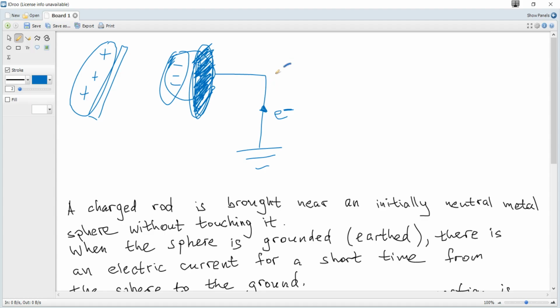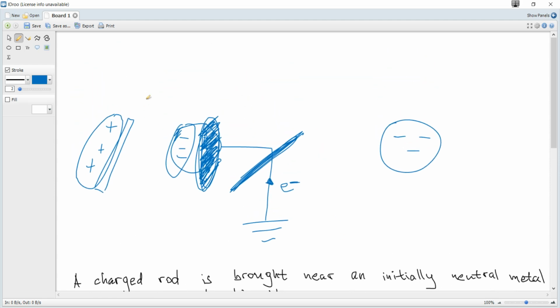And then we cut the wire, remove the connection to the Earth, and what we get is that the sphere becomes negatively charged, and then all this negative charge will be evenly distributed throughout the sphere.